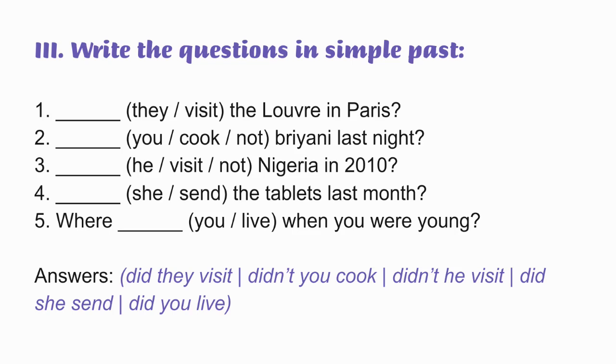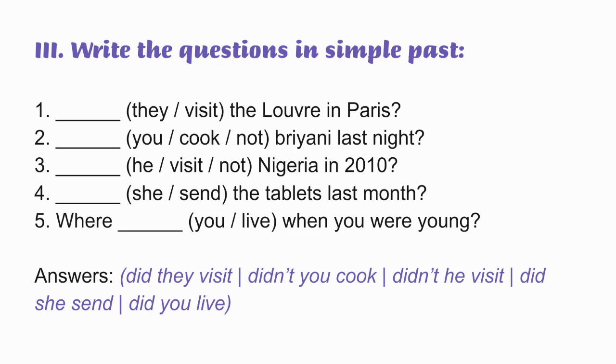Sentence 2. Blank, you cook not, in bracket, biryani last night. So, we have in bracket, you subject, cook base verb, and not to indicate negative form. Now, did not or didn't, you, base verb cook.